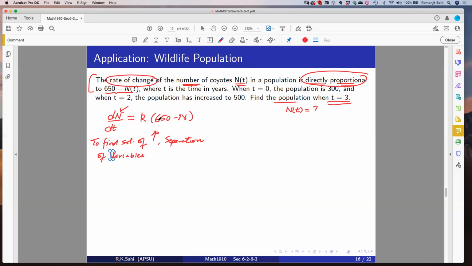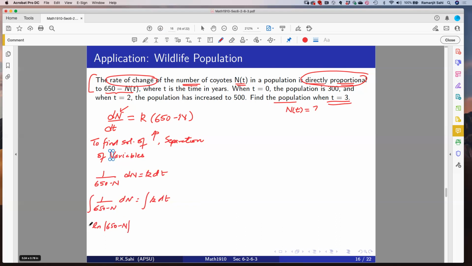Okay, let's get the n's and the t's together. So it's 1 over 650 minus n dn equals k dt. Then we will integrate both sides of this equation. So what are we going to get? Natural log of 650 minus n.